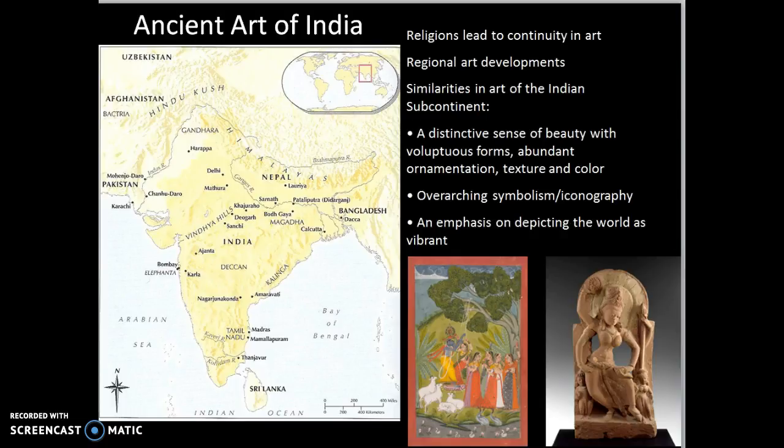Now, visual abundance or ornamentation is considered to be auspicious. And auspicious is roughly understood as the promise of success, and also reflects a belief in the generosity and favor of the gods.